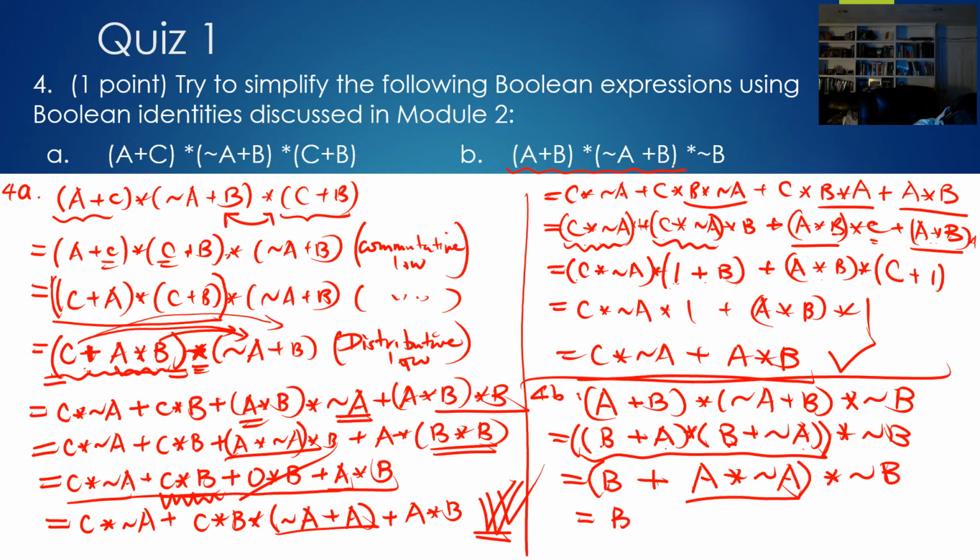So you got B plus 0 times tilde B. Now again, B times 0 plus 0 is B times tilde B. What do you got? You got a 0. So the result is 0. It's false.